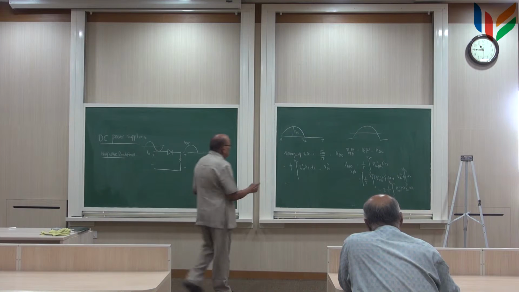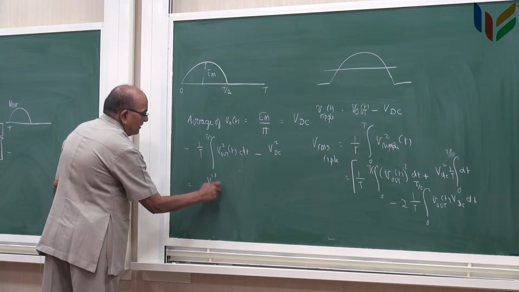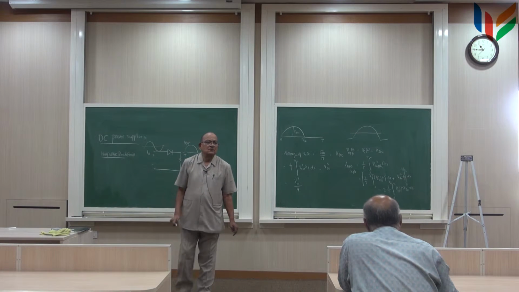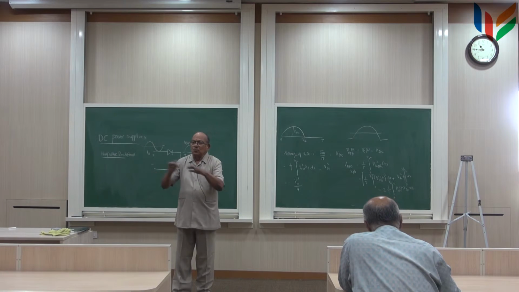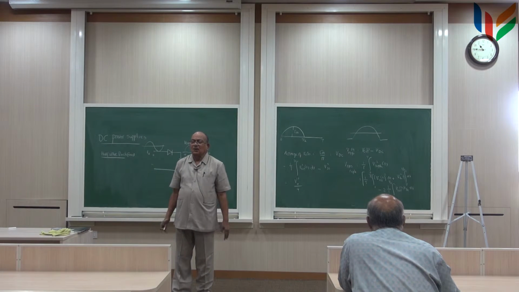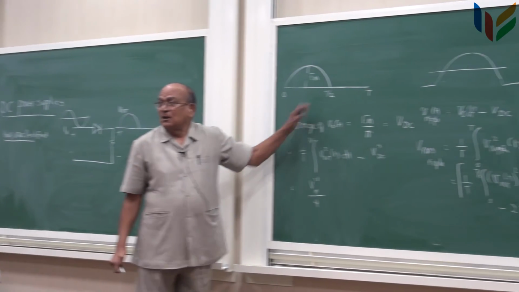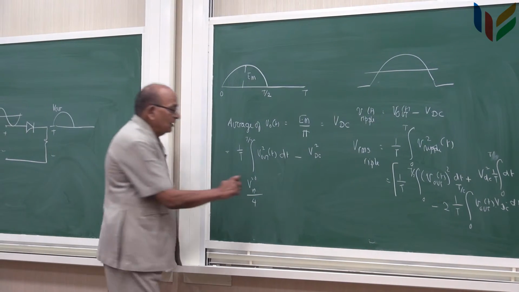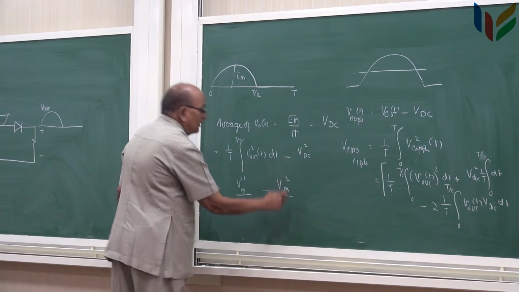So it becomes equal to Vm square by 4, right? Because for both half cycles it is Vm square by 2. Since the integration is only over a half cycle here, another half will come. So you get Vm square by 4 minus VDC square, which is Vm square by pi square.